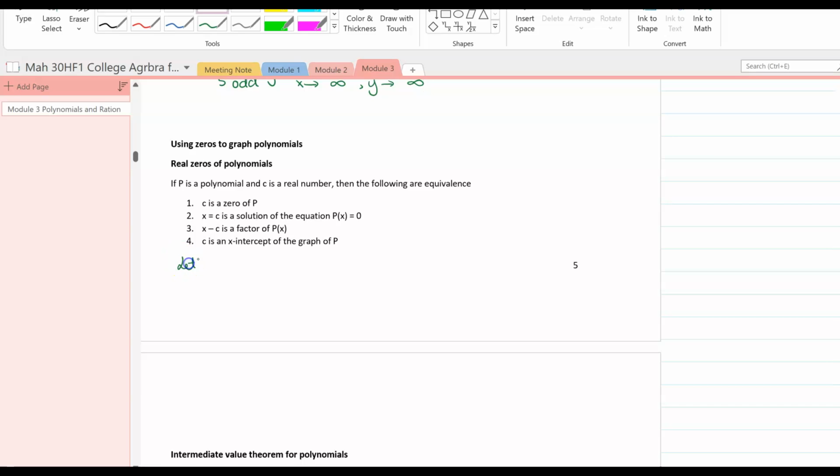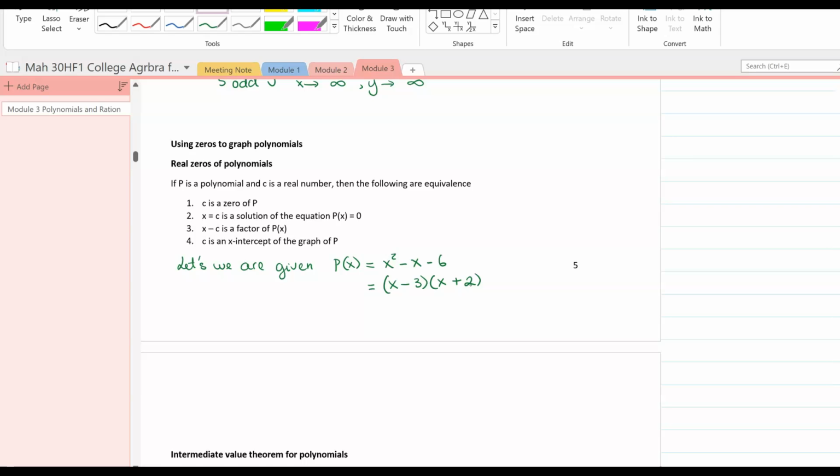So let's say we are given p of x equal to x squared minus x minus 6. Let's factor this: x squared minus x minus 6 factors to x minus 3 times x plus 2.